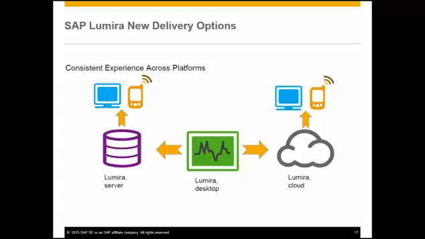There's also a desktop version that you can get, and also your company can get. Actually, nowadays, SAP has full versions of software for a 30-day free trial for all the software tools. So you can download Lumira desktop.